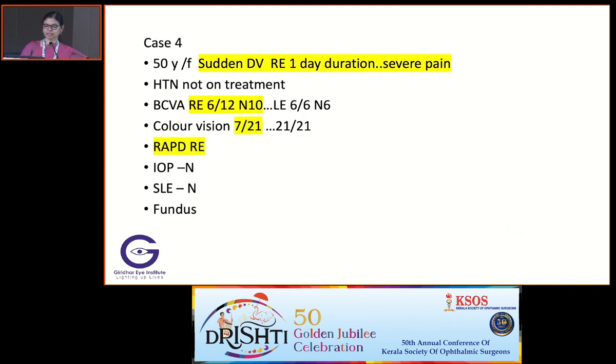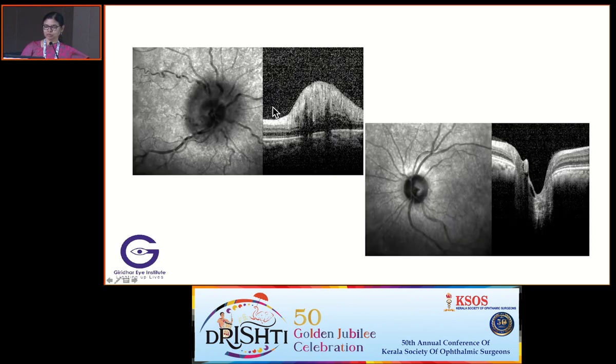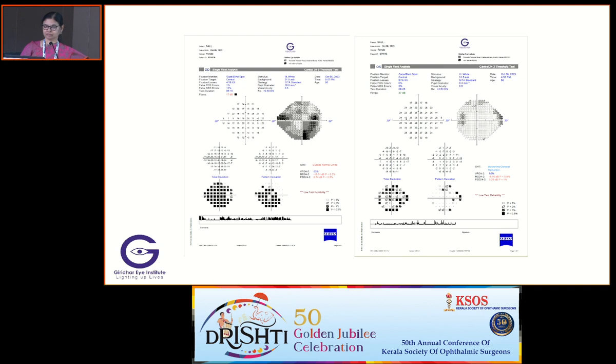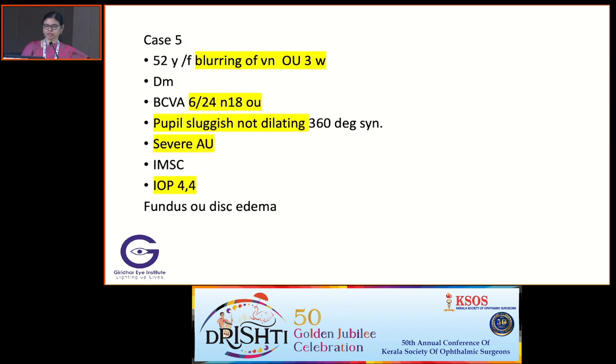Case 4: a 50-year-old female, sudden diminution of vision, right eye, 1 day duration with severe pain, RAPD right eye, color vision defective, and the fundus picture is like this, and OCT, visual fields. MRI was suggestive of optic neuritis. IVMP was given and she improved.